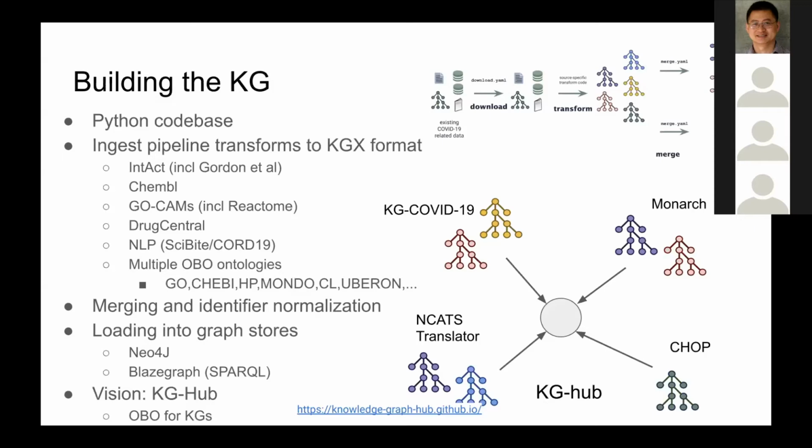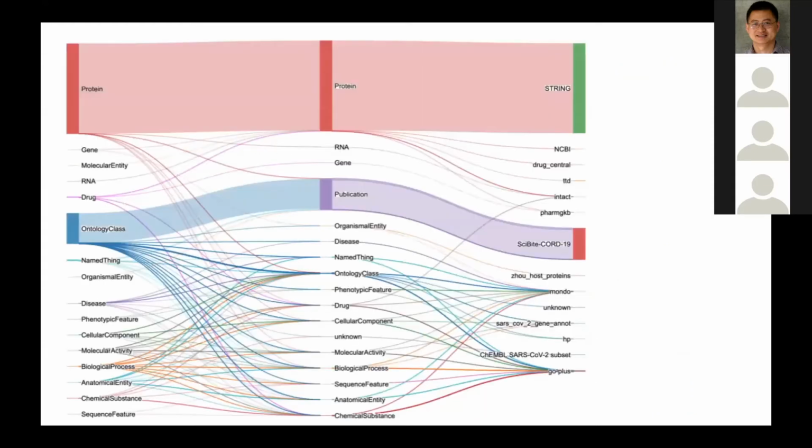As part of our pipeline, we transform all of these different databases and file formats into KGX. And then we make releases in RDF-OWL. We also make a Neo4j release and a BlazeGraph release that we queried. And we envision this as really being part of a larger network of knowledge graphs that can be sliced and diced and remixed together, like an OBO for KGs in a way.